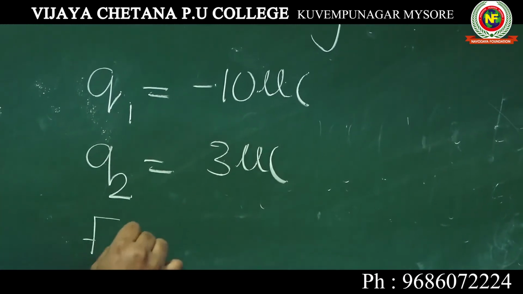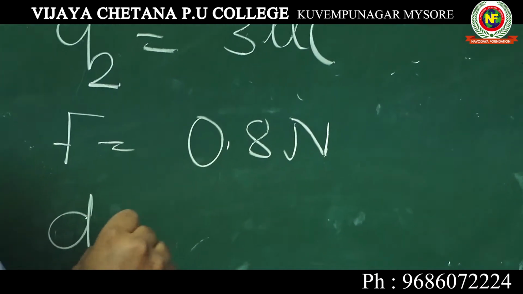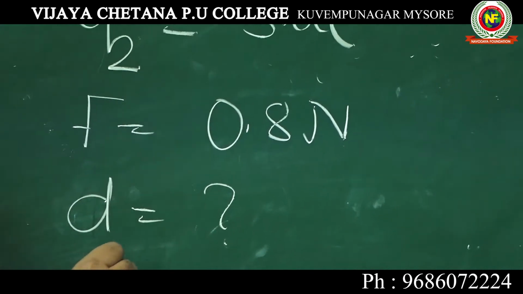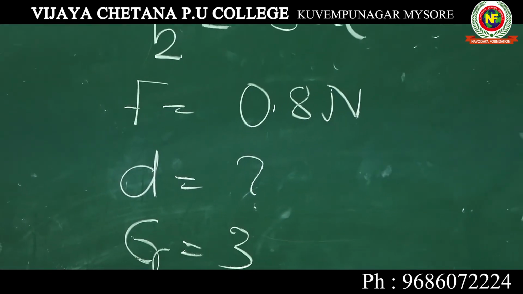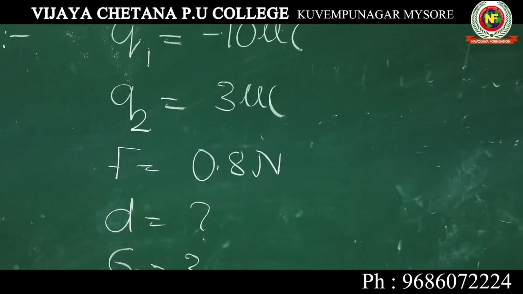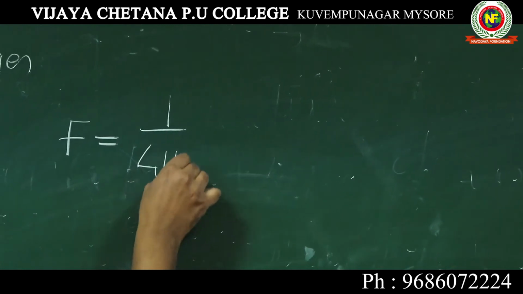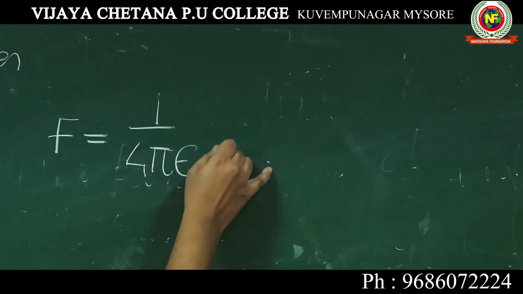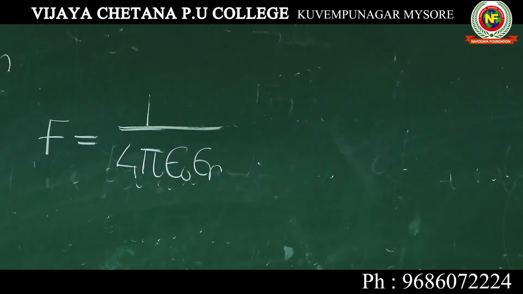The force in between is 0.8 Newton. Distance of separation not known, and epsilon r is equal to 3. Now how do I write the formula? See, this is not in air or vacuum. It is expressed as 1 by 4 pi epsilon naught epsilon r. It should be multiplied by that number.